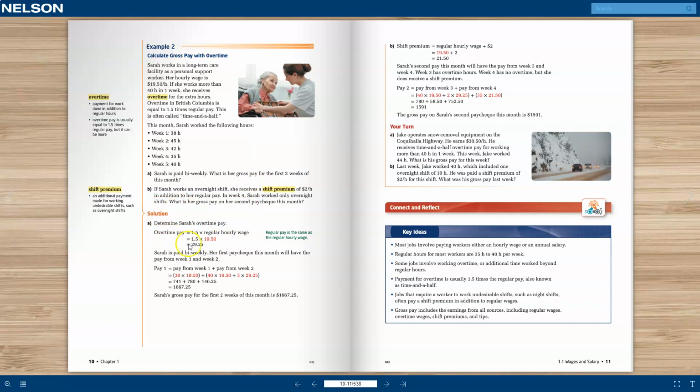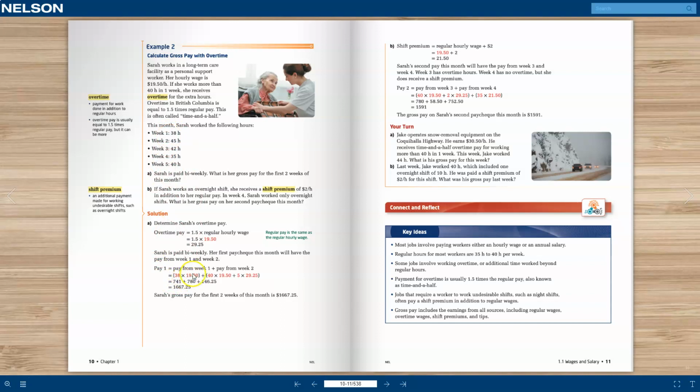So first they figured out how much she gets paid in overtime per hour, which is 29.25, by multiplying 1.5 times 19.50. And secondly, they calculate her first paycheck, right? Bi-weekly, so the first 2 weeks. The first week is going to be 38 times 19.50 because it's all regular pay, right? That makes sense.